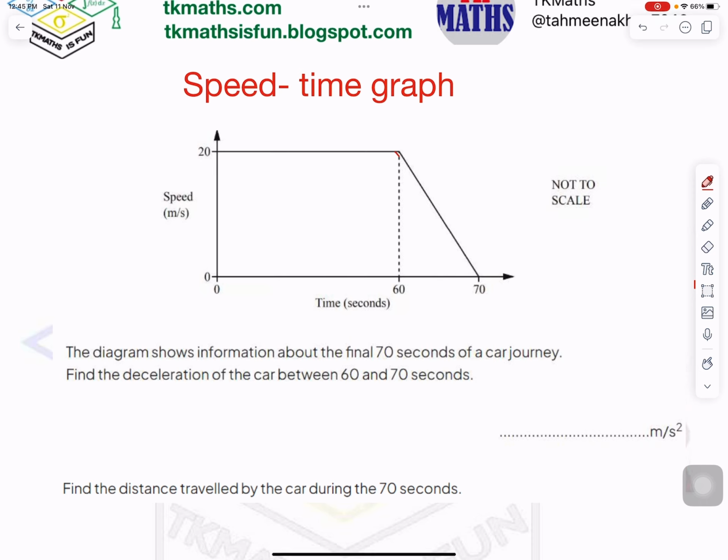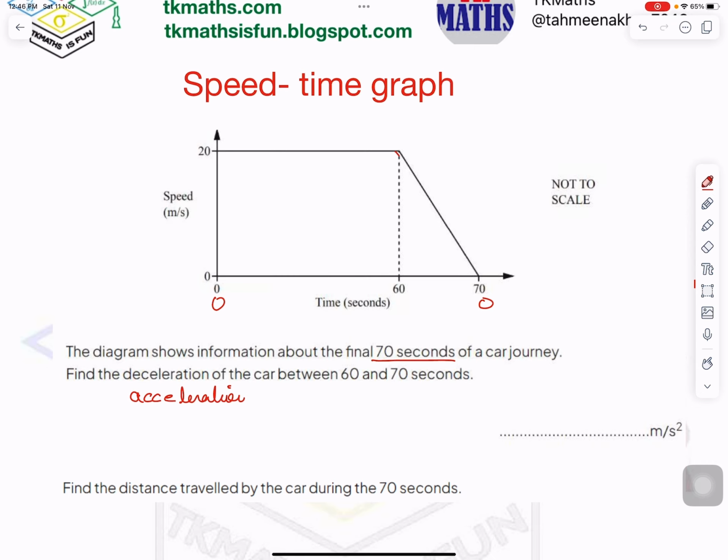Now let's look at the question. For example, the question is saying the journey was happening for 70 seconds. That we can see from 0 second to 70 second, the graph is here. Find the deceleration of the car. Now if the question says find the deceleration, or if it says find the acceleration for any speed time graph, you have to find the gradient of the line, because rate of change of speed is equal to acceleration.